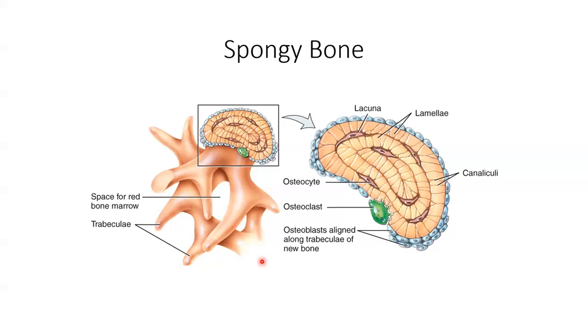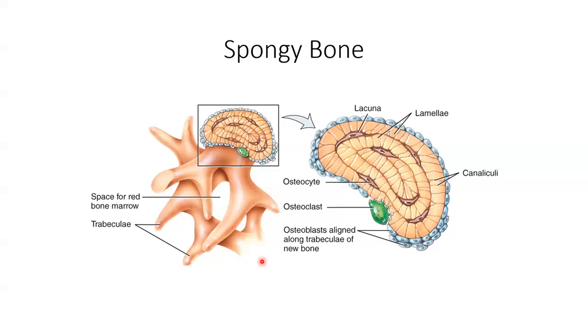Now, spongy bone tissue tends to be located where bones are not heavily stressed, but where stresses are applied from many directions. So whereas compact bone is thickest under high levels of force or weight bearing, and where the line of stress is from only one angle, so for example, the weight of gravity is only moving downwards, the spongy bone will be placed in a part of the bone where it could be pulled in all different directions.